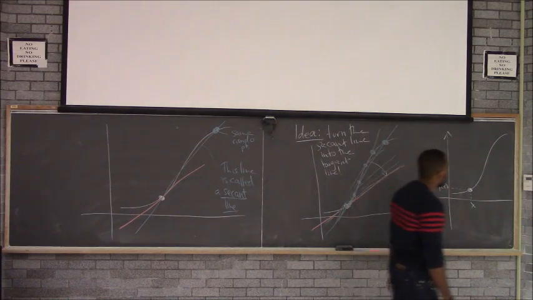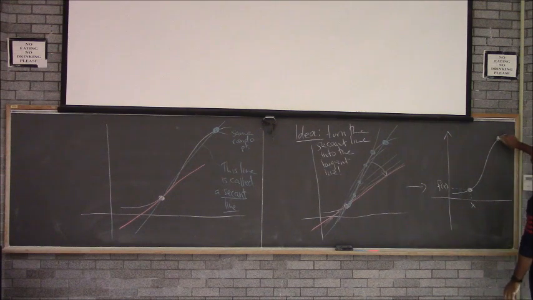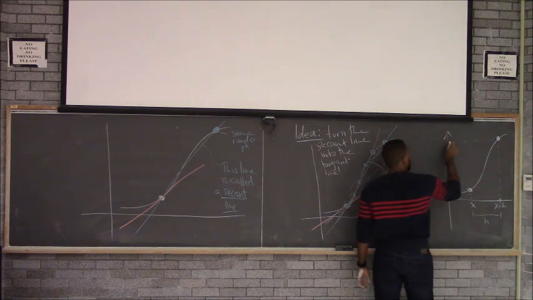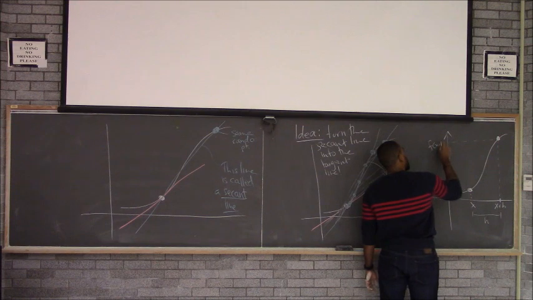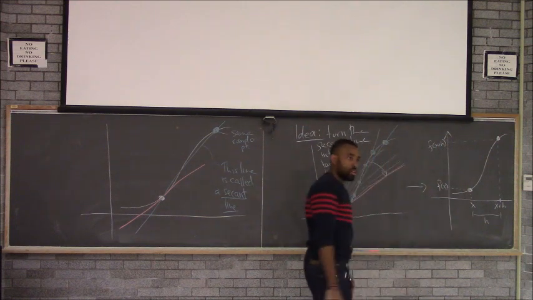I'm going to pick another random point over here, and I'm going to call it x plus a little bit. Usually we use the variable h. h is going to be the distance between these 2 points. Now if that is x plus h, this point here is going to be f of x plus h. Right?